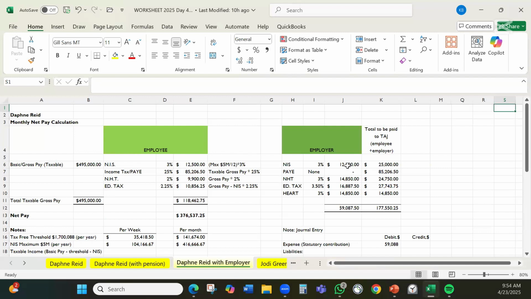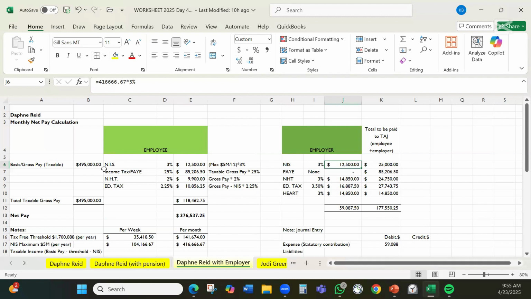Now the employer, as I said before, has an obligation because he has an employee. The employer is required to pay to the government 3% of what the person earned, right? So he's pretty much matching what the employee pays as NIS.